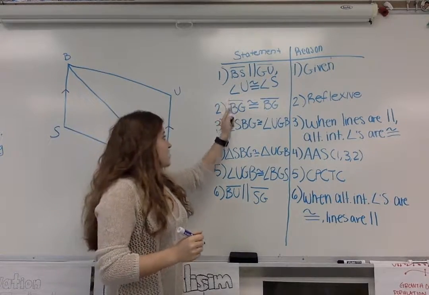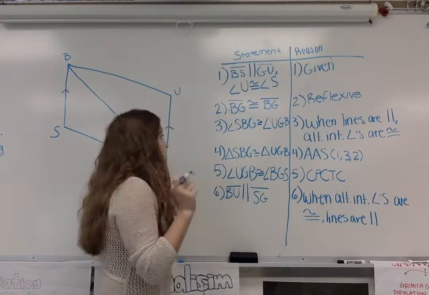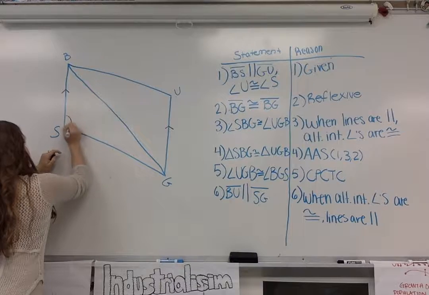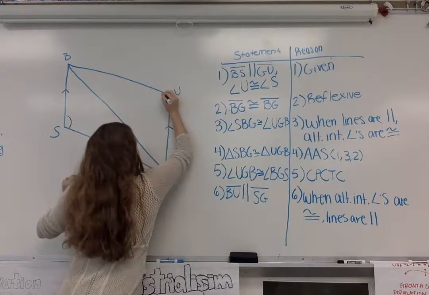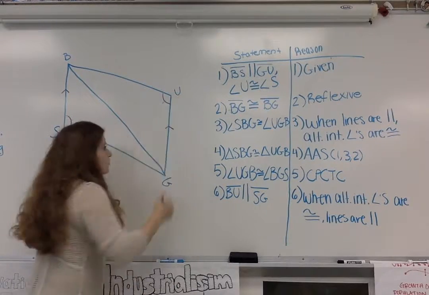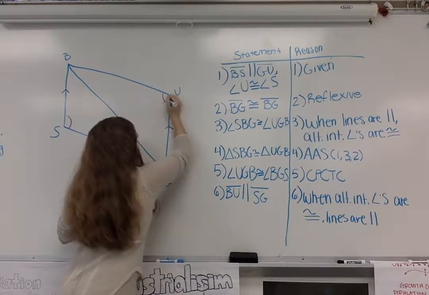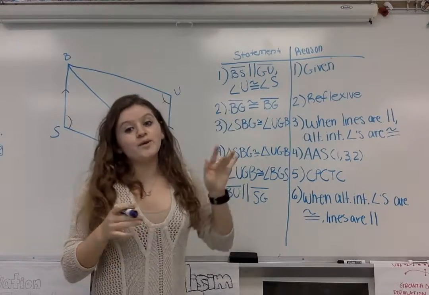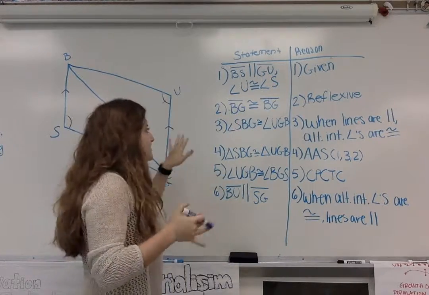So you have to draw in your little marks that show that they're congruent. Then it says that angle U is congruent to angle S. So you have to draw that as well. What you need to know before we get into this is that these givens help you a lot, so make sure you do it right.